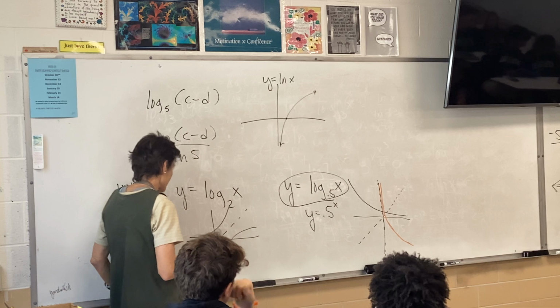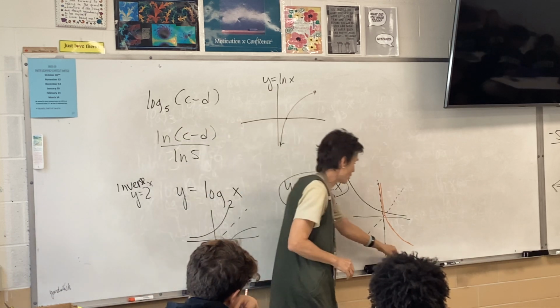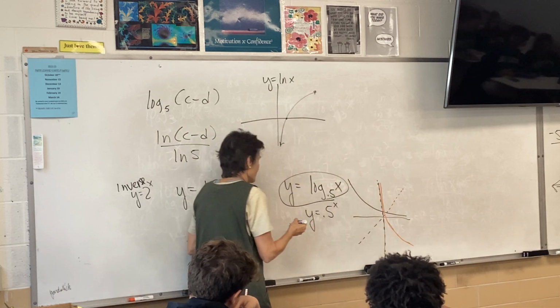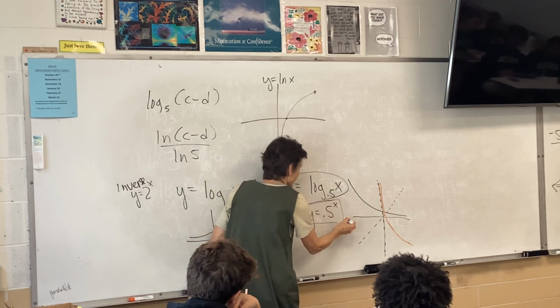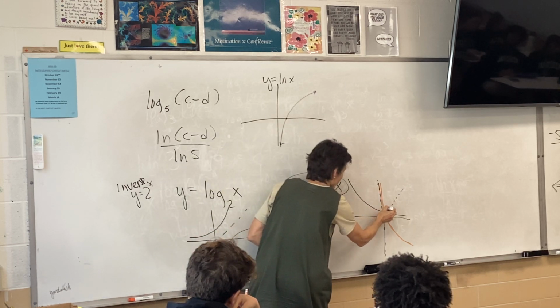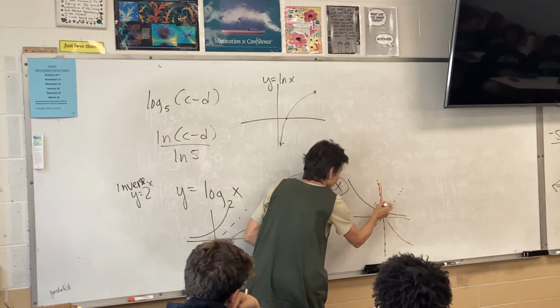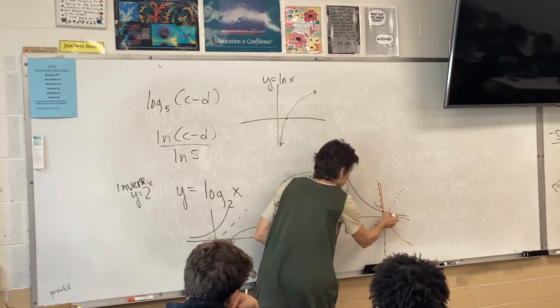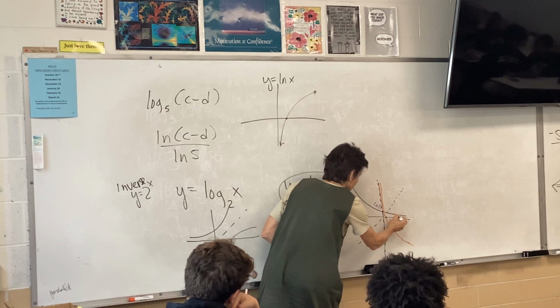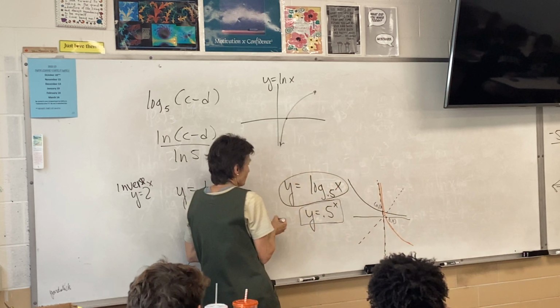Now, to see if Oliver's on the right track, this exponential: I know that point is 0, 1. So what point has to be on this one? 1, 0.